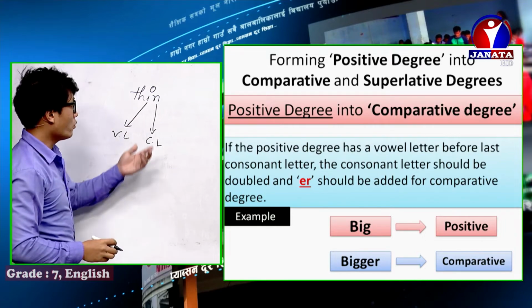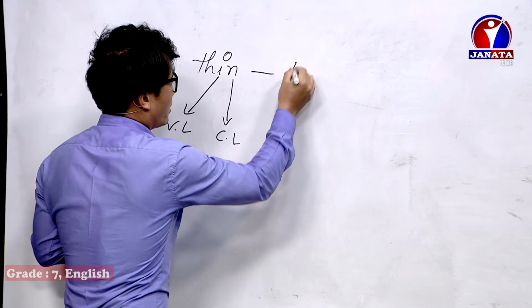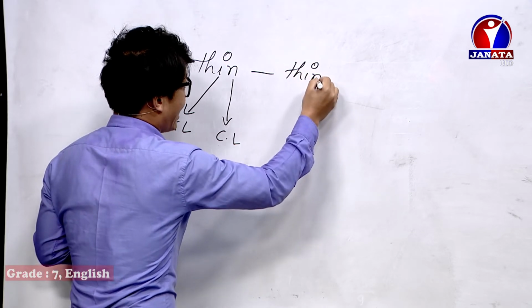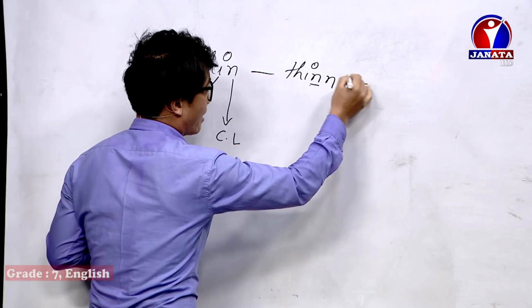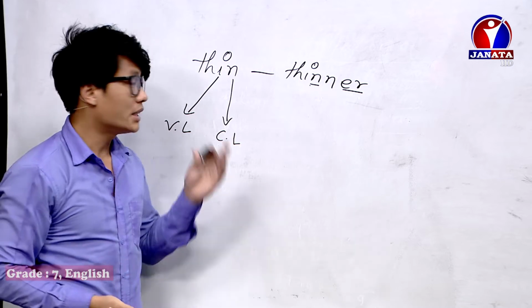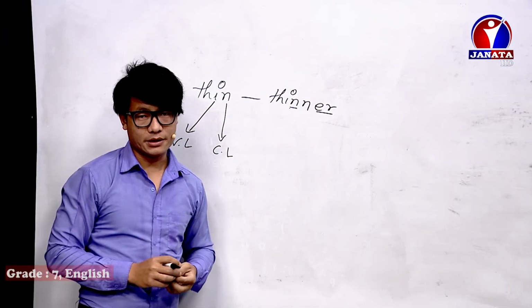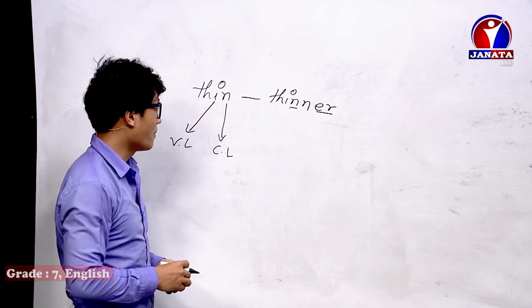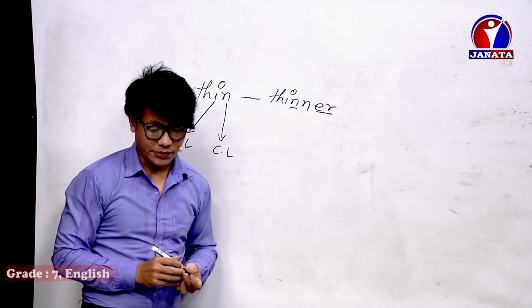That's why we need to double this letter N. So T-H-I-N, and we need to write N again, and we need to add ER, and it becomes thinner. Thin, thinner. Thinner is comparative degree. Thin is positive, thinner is comparative.